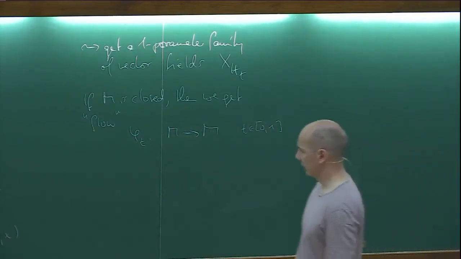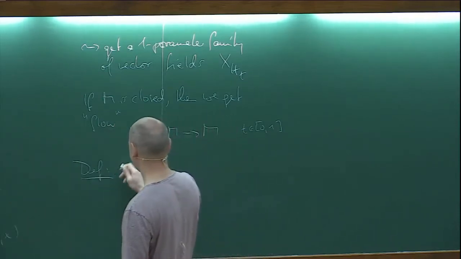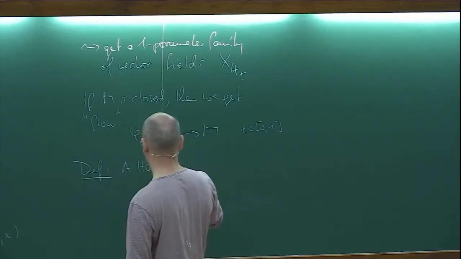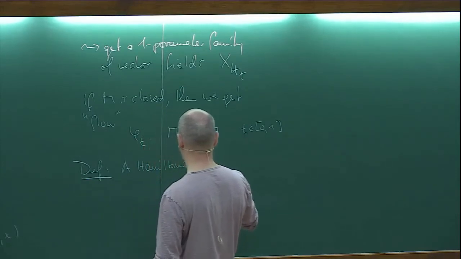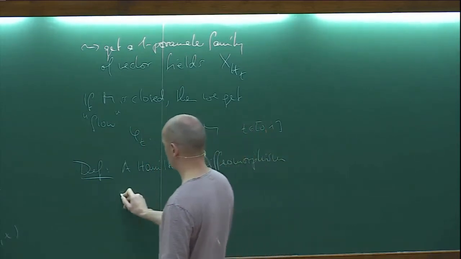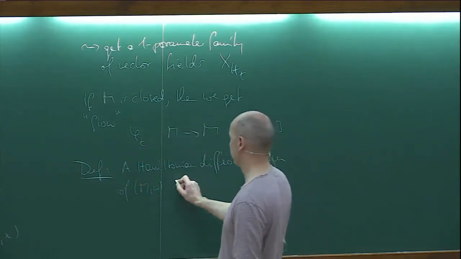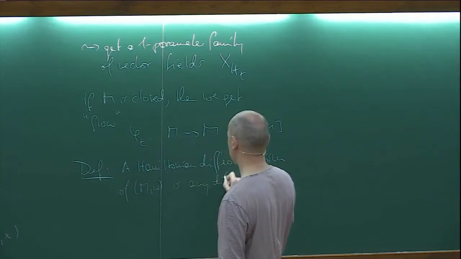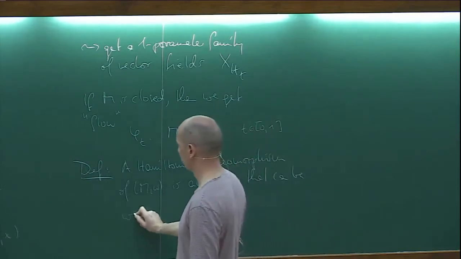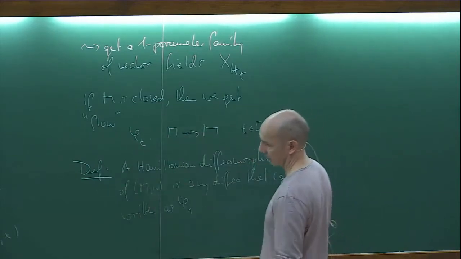All right, and my first definition, well, I already defined a few things, but the first important definition is a Hamiltonian diffeomorphism of a symplectic manifold (M, omega) is any diffeomorphism that can be written as phi_1 of such a time-dependent family.